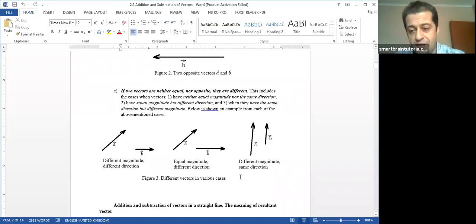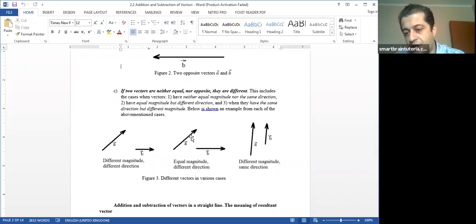There are three cases in which we have different vectors. When we have two vectors which have different magnitude and different direction, like this, but also when we have two vectors that have the same magnitude, the same length, but they have different direction. Different means neither 0 degrees nor 180 degrees.